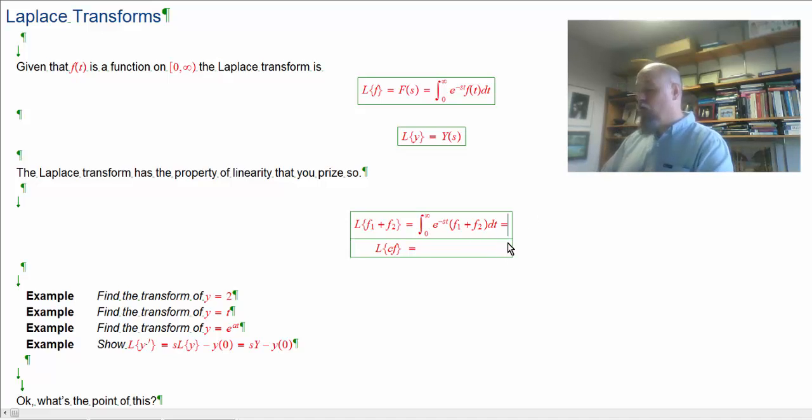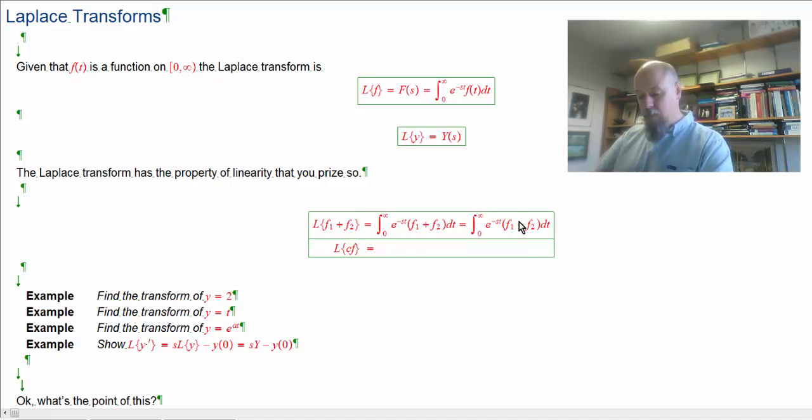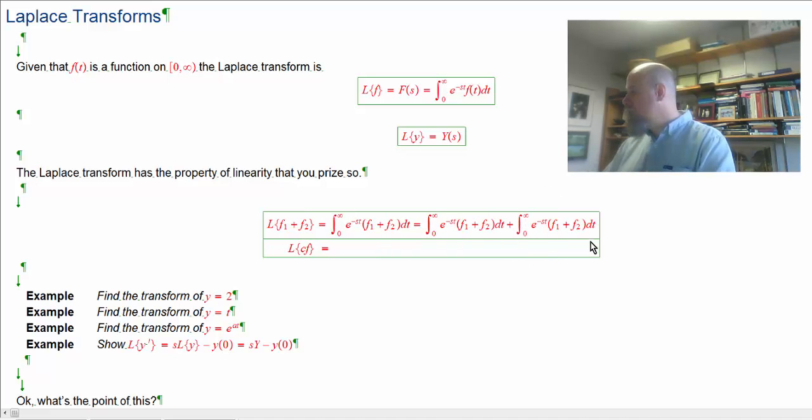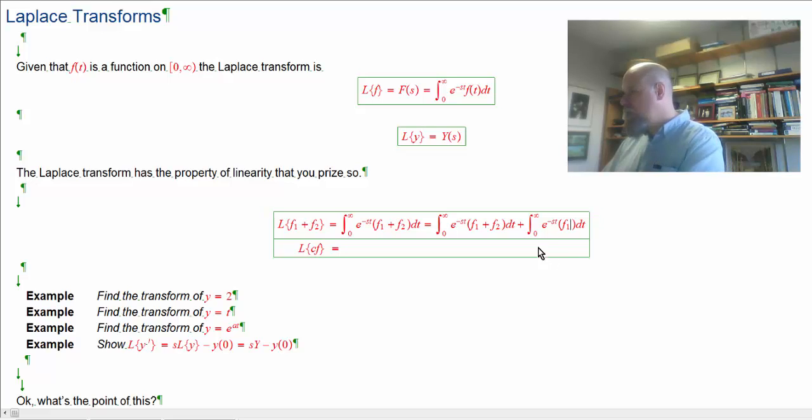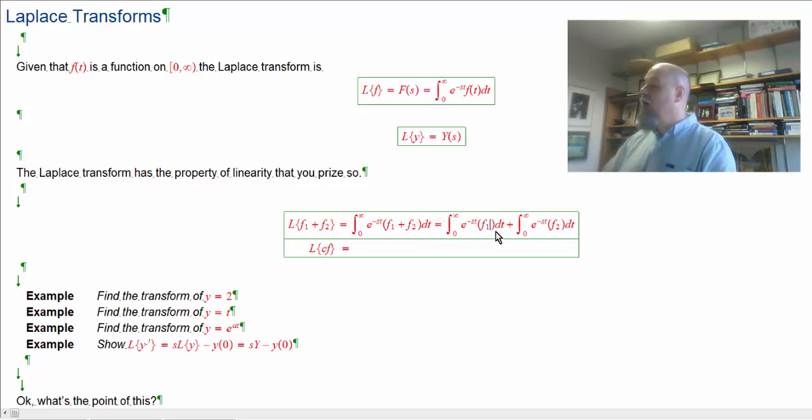Well, of course, what I'm going to end up doing is distributing that integral across this plus sign, and I can see that I'm going to get the transform of f1 plus the transform of f2.